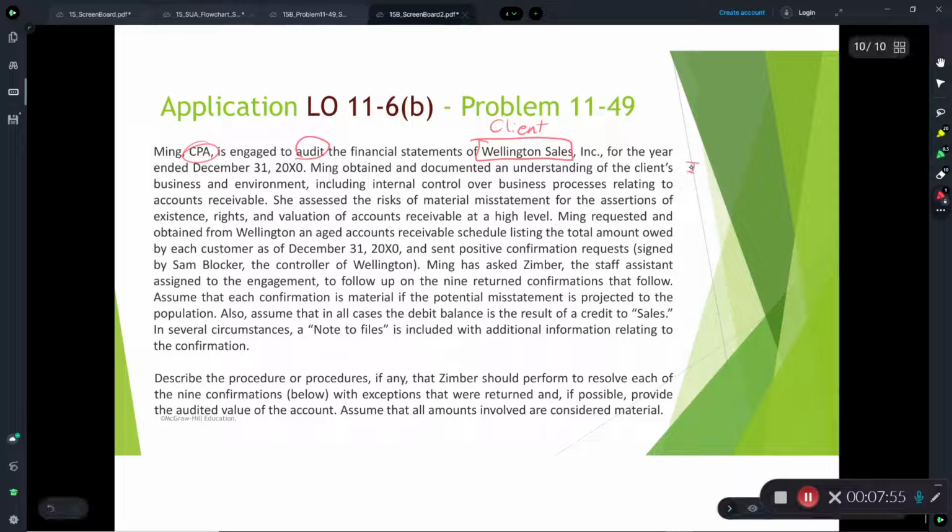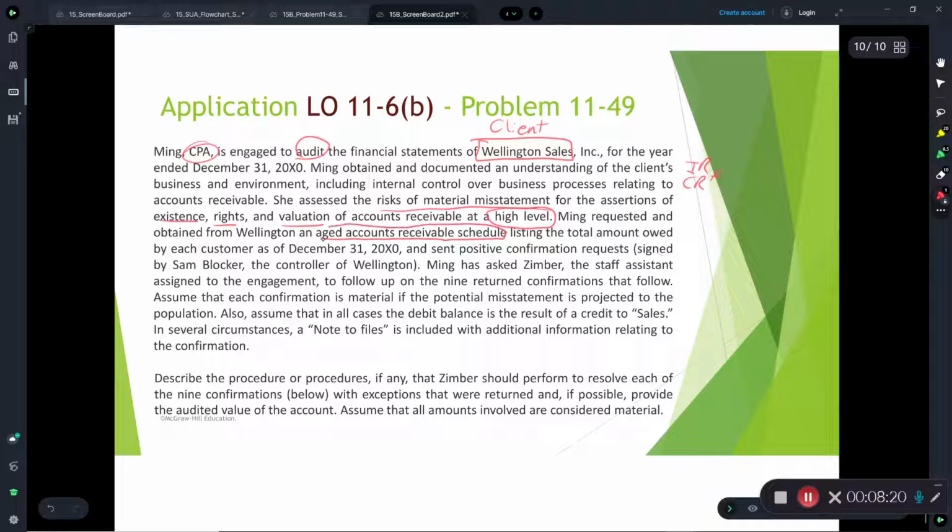So we've got inherent risk, including internal control and the control risk. They assessed that risk of material misstatement, which is just the interaction of those two, and focused on these assertions: existence, rights, and valuation, and said that risk is actually high. The CPA requested and obtained an aged accounts receivable schedule.